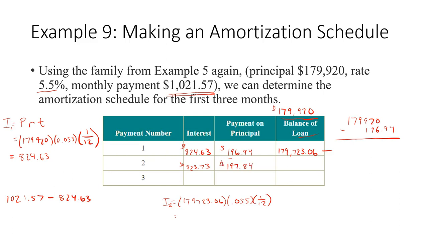So then we just repeat the process. We subtract that amount from the principal. We get a new balance of 179,525.22. Then to find the next amount of interest, we're going to calculate it from our new balance. 179,525.22 times 0.055 times 1 over 12.